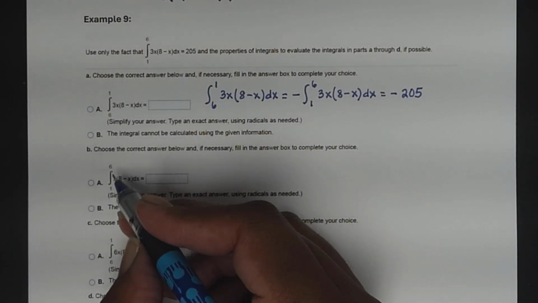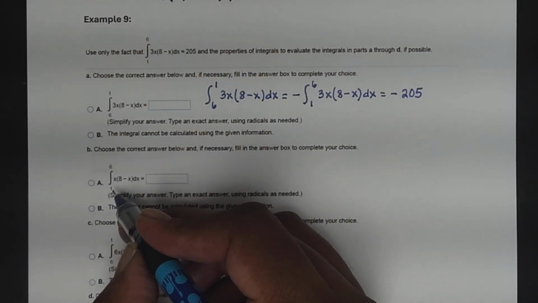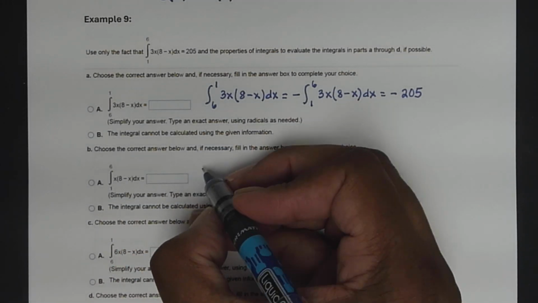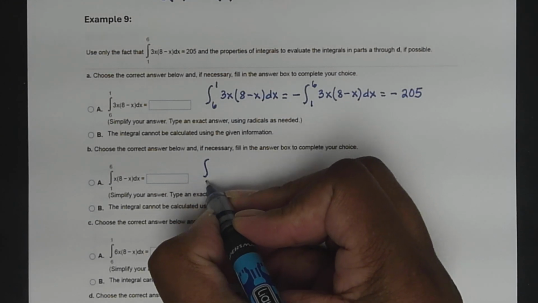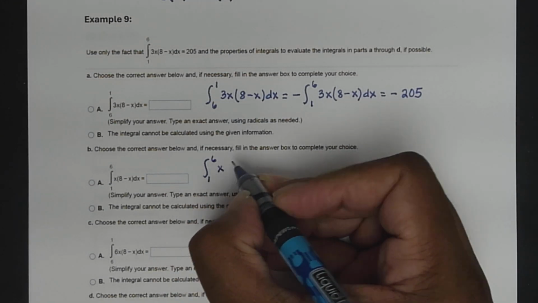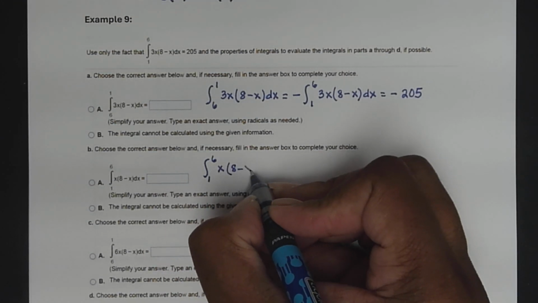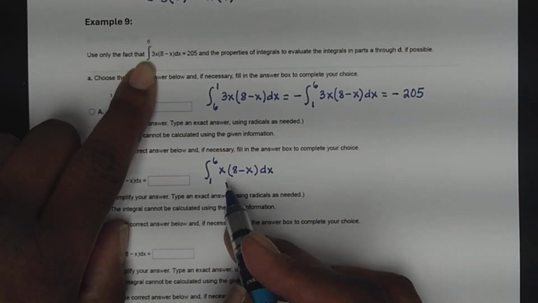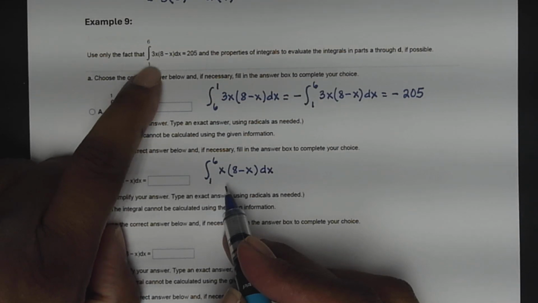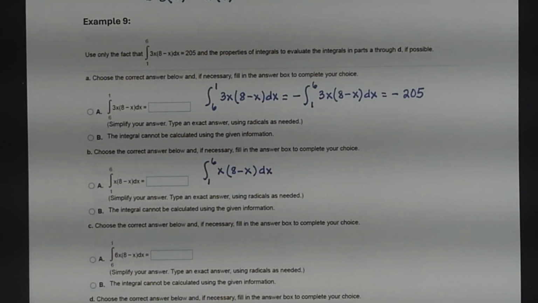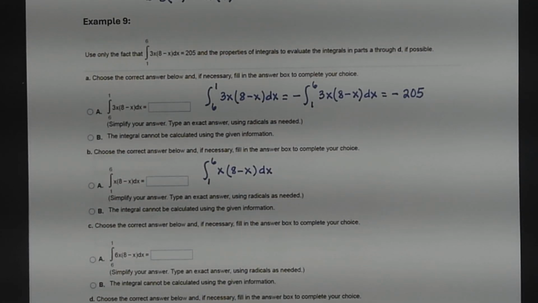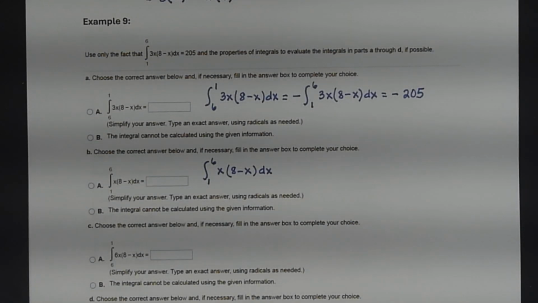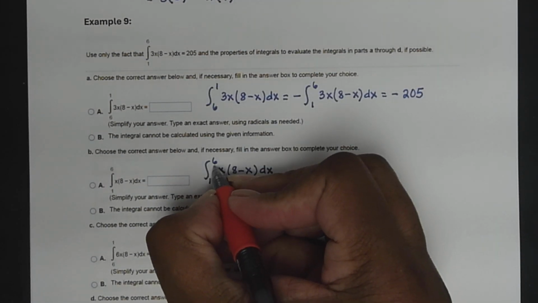All right, part B, the integral from 1 to 6 of x times the quantity 8 minus x dx. So let's see here. Well, this is almost this, but what's missing here is the 3. Well, if I want a 3 to be there, what I can do is put a 3 here.